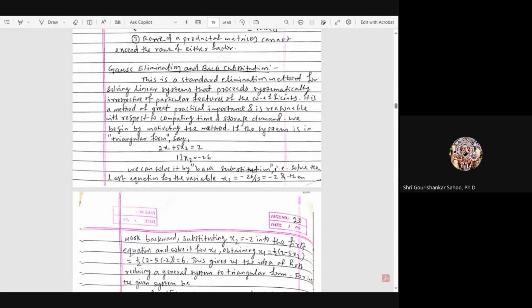So if the system is in a triangular form, say 2x1 plus 5x2 is equal to 2 and 13x2 is equal to minus 26, then we can solve it by back substitution.